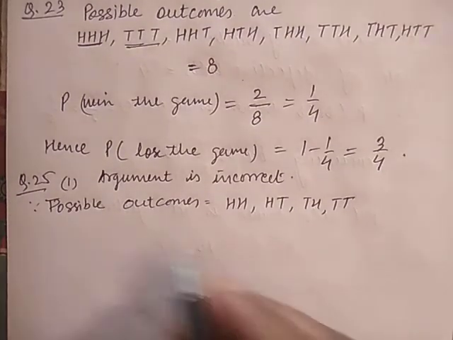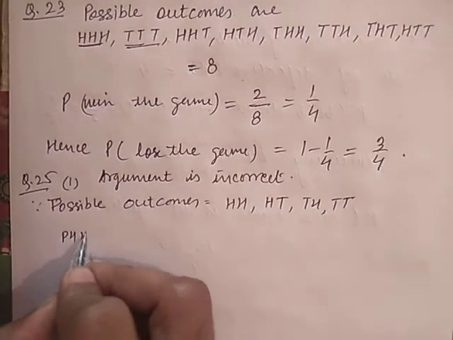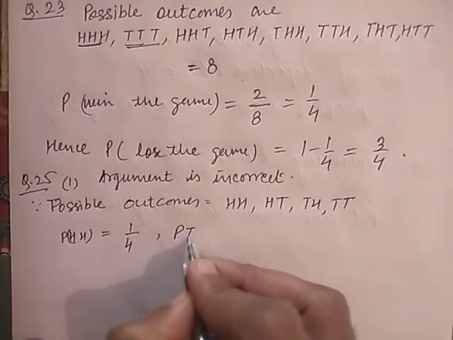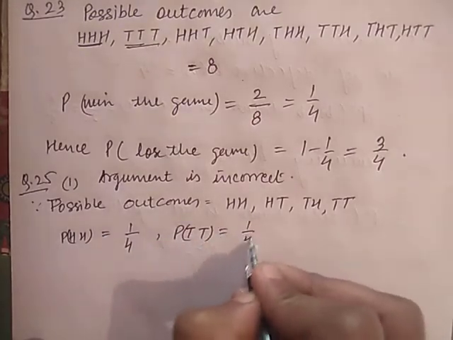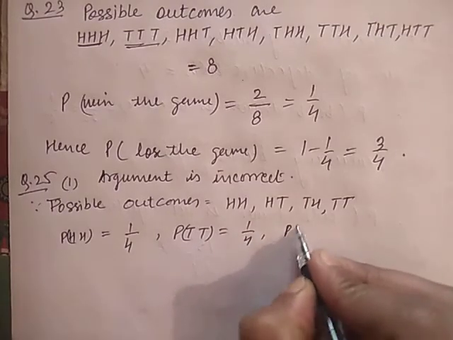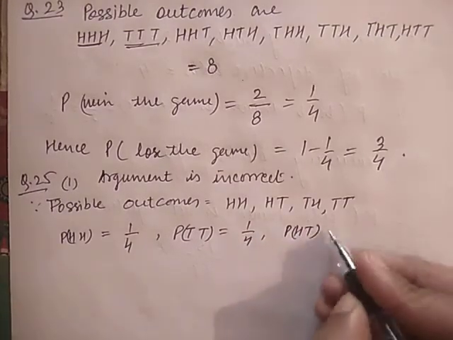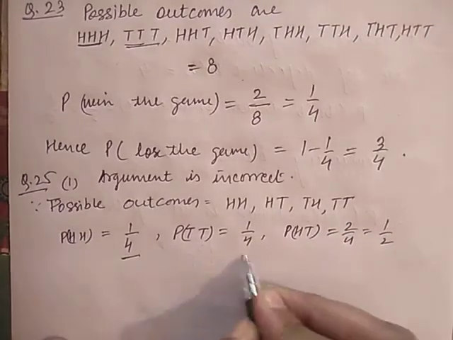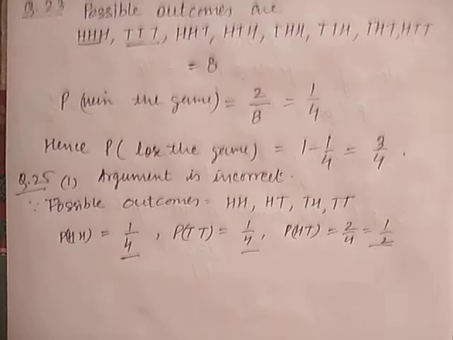These four. So the probability of getting head head is 1/4, the probability of getting tail tail is 1/4, and the probability of getting head tail or tail head is 2/4, so 1/2. So not 1/3, as given here.